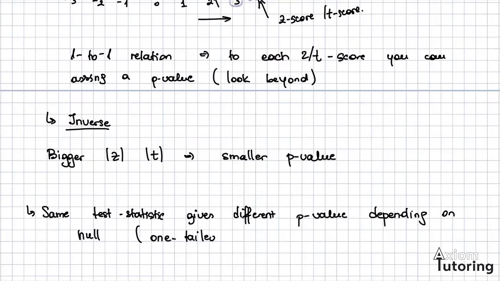I'll write here as a reminder. In the previous video, we saw how those different numbers came about as well. So again, a reminder, now that we know that there is a one-to-one relation between z or t-score and the p-value.